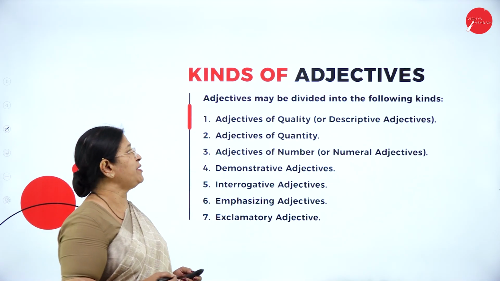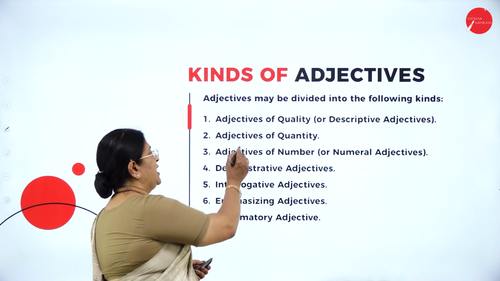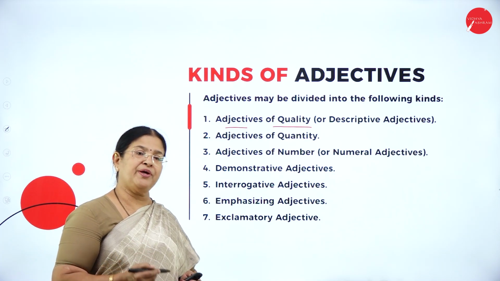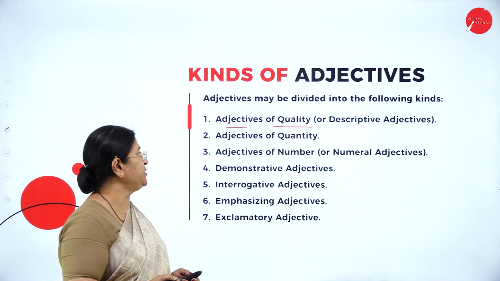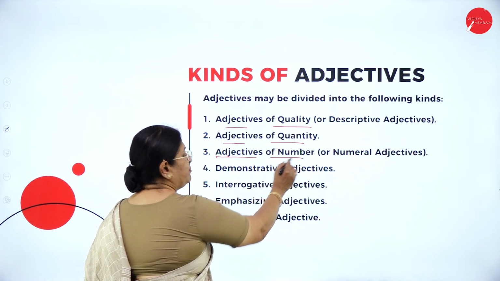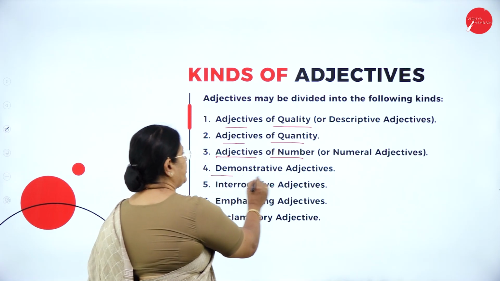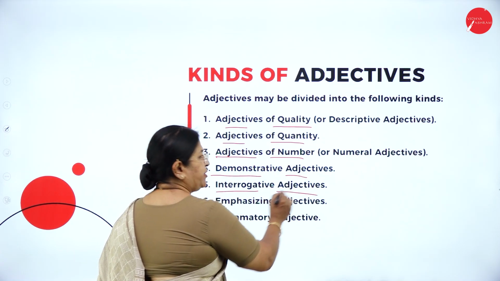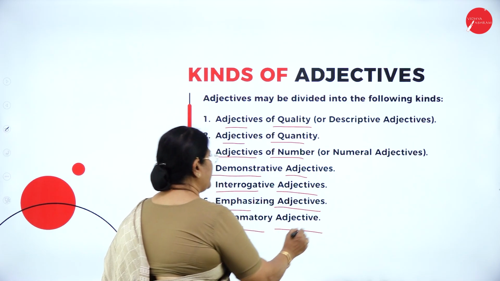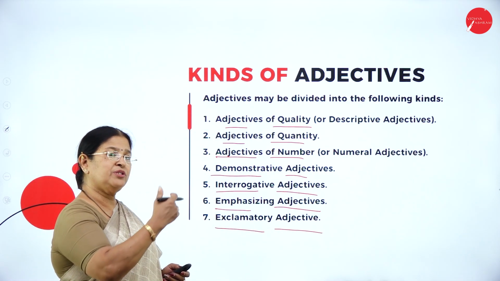Adjectives may be divided into the following types. That is, adjectives of quality, which can also be called descriptive adjectives, adjectives of quantity, adjectives of number, or you can also call it numeral adjective, demonstrative adjectives, interrogative adjectives, emphasizing adjectives, and exclamatory adjectives. So adjectives may be divided into the following types.